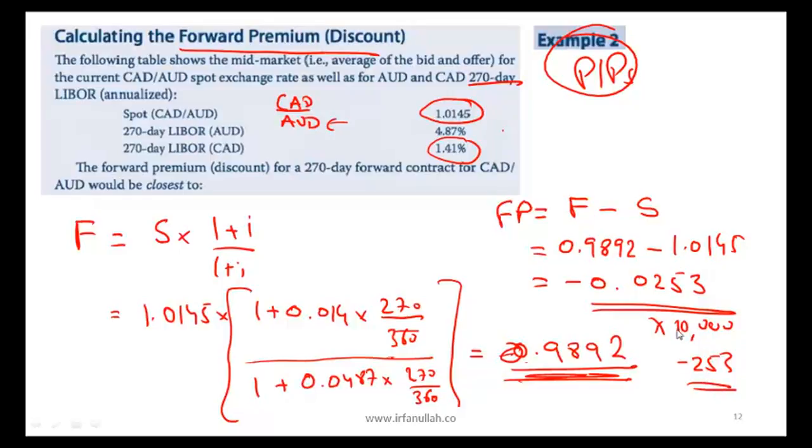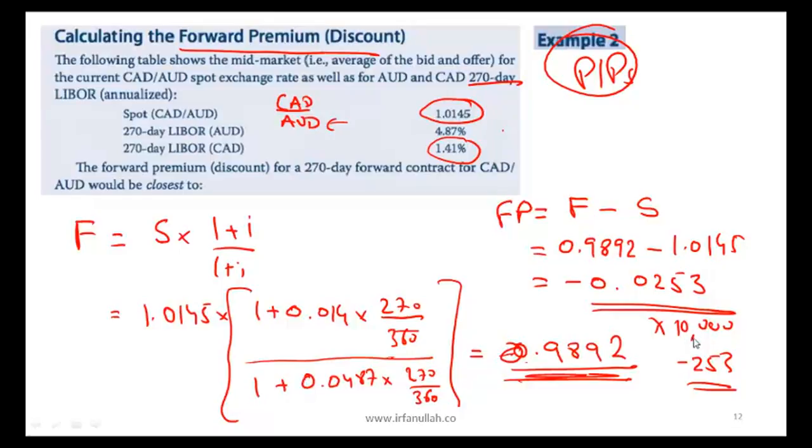Now, where do you get this 10,000 from? Whenever you have a currency where the quoting convention is to quote in 4 decimal places, then you multiply by 10,000. So the way you can remember it is 10,000 has 4 zeros.